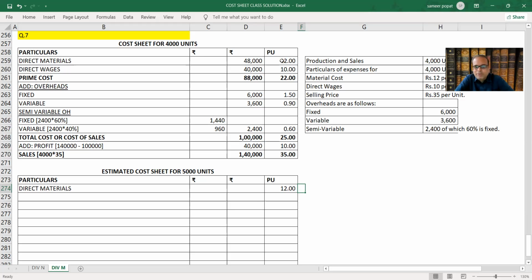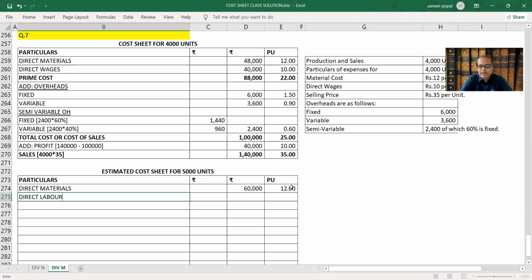So here if it is 12 rupees per unit, for 5,000 unit it would be same at rupees 12. But total amount will change because we are changing the quantity. So if cost is 12 rupees, let us multiply by 5,000 unit, the total cost would be 60,000. Previously it was 48,000 for 4,000. Now it is 60,000 for 5,000. So total amount will change, but per rate amount will remain the same. Okay.